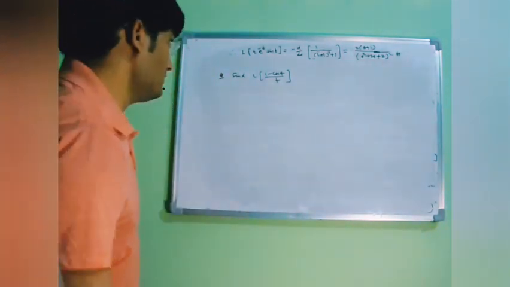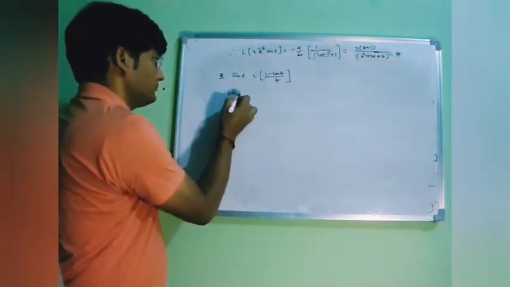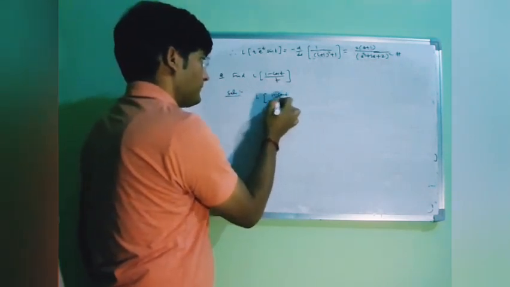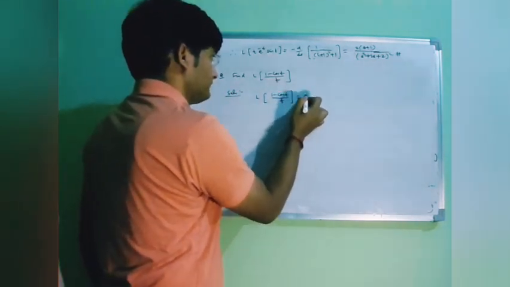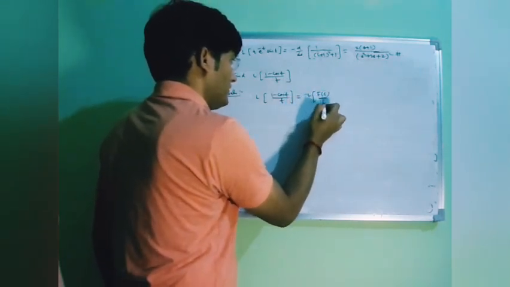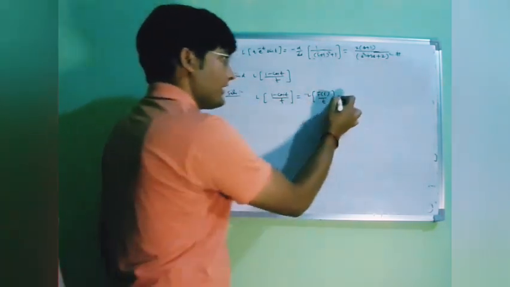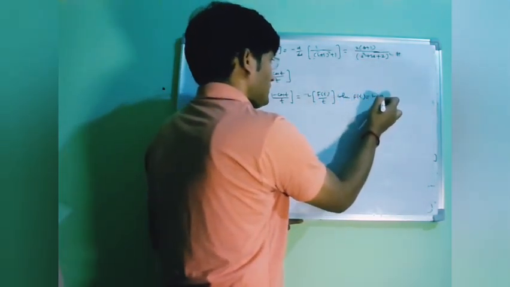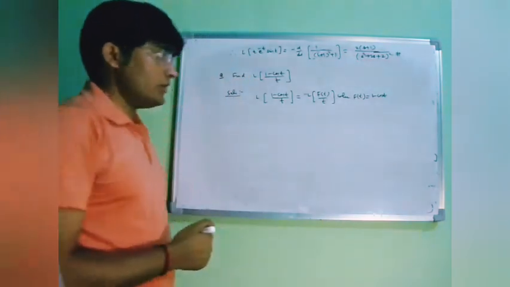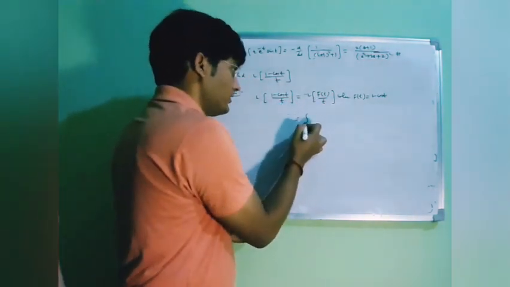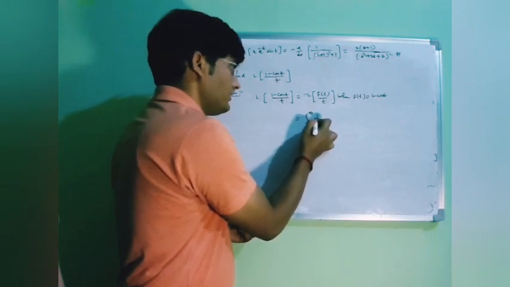You can write it as the Laplace of f(t) upon t, where my f(t) is 1 minus cos t. We know that the Laplace of f(t) upon t is equal to the integral from s to infinity of F(s) ds.